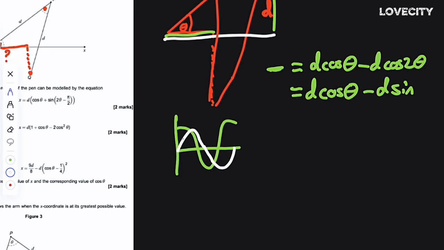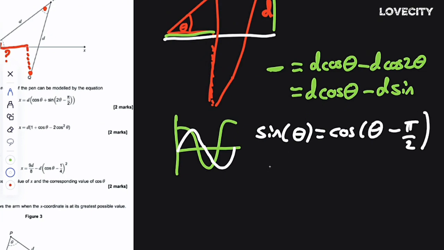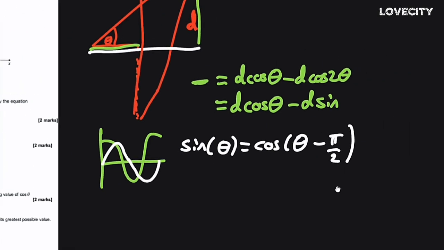So it's almost like sine is the moved along version of cos. So in other words, we have sine of theta is equal to cos of theta minus pi on 2. And if you set theta to be equal to phi plus pi on 2, you can get some shifts.